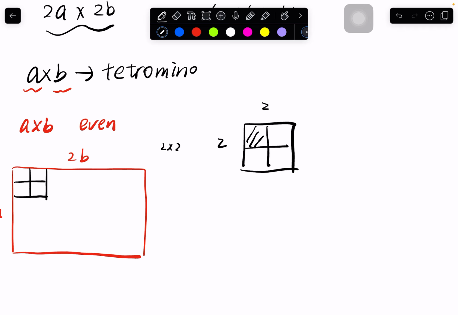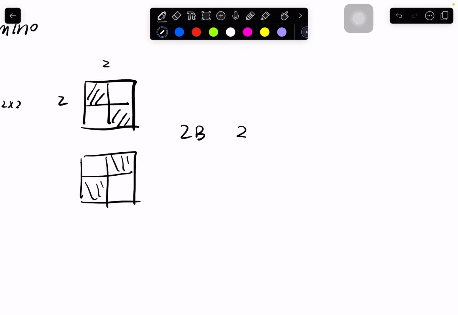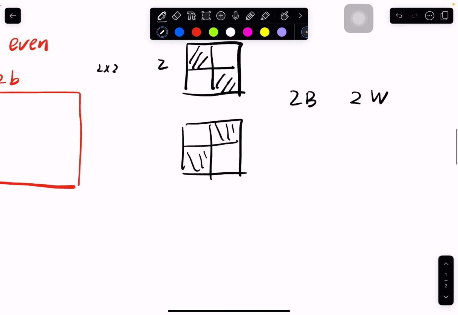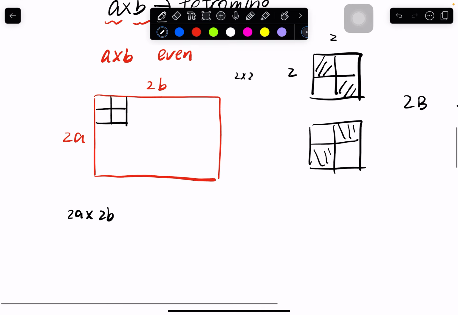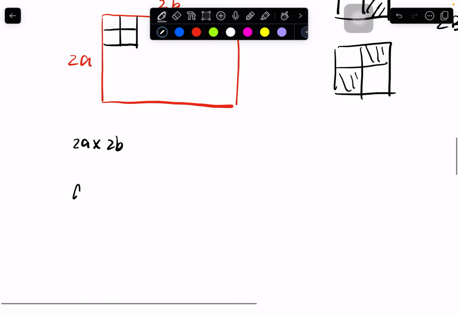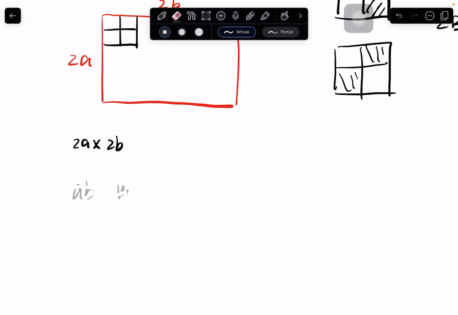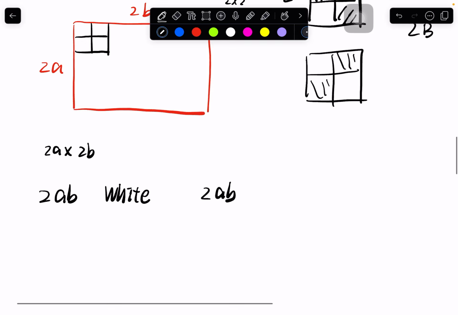It could be like this or like this. No matter what, we get 2 black and 2 white. So within this 2a times 2b rectangle, we have an equal number of black and white squares: 2ab white squares and 2ab black squares.